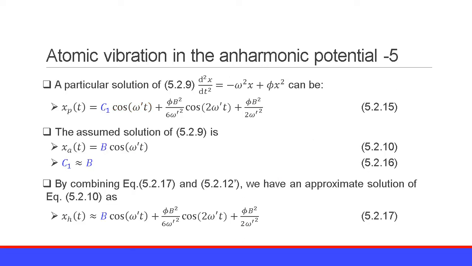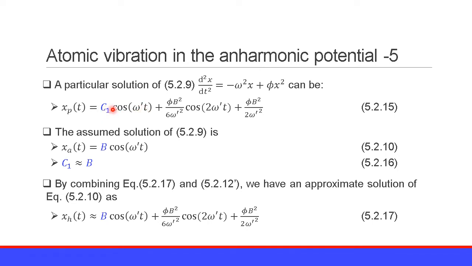From this argument, we can say that a particular solution for equation 5-9, the second derivative of x with respect to time t is equal to minus omega squared x plus phi x squared, is C1 cosine omega prime t.